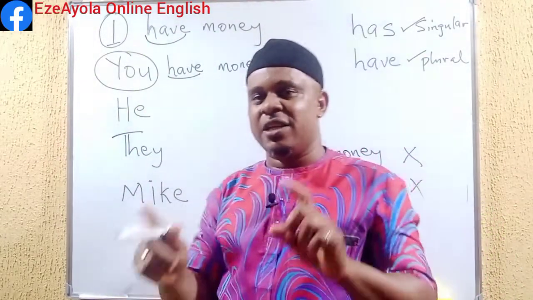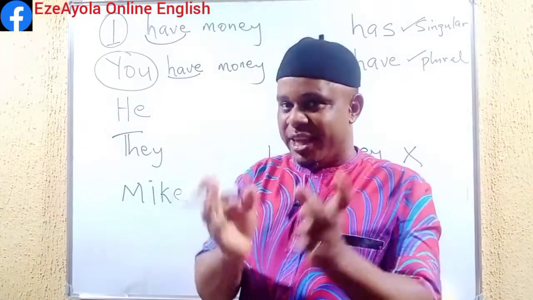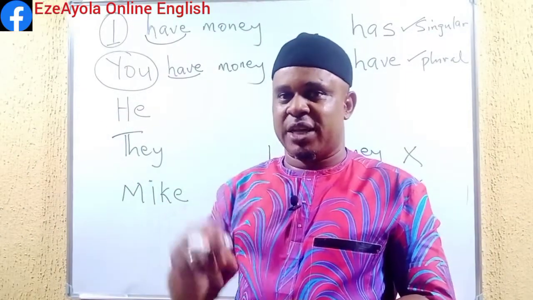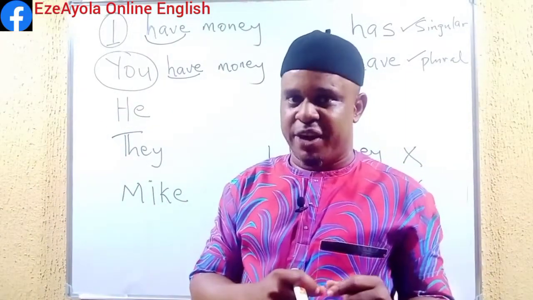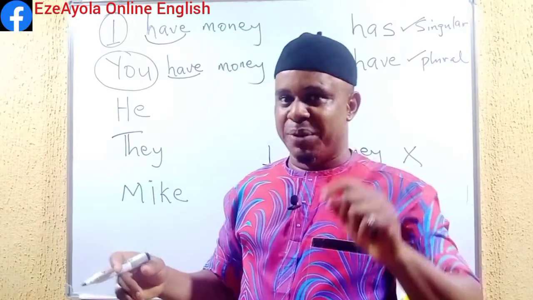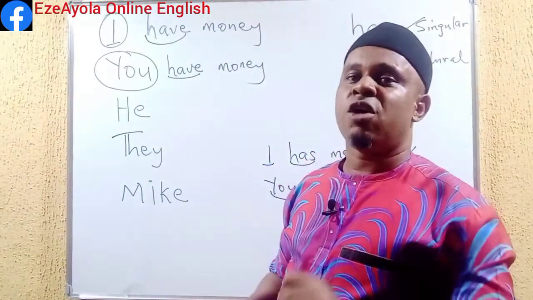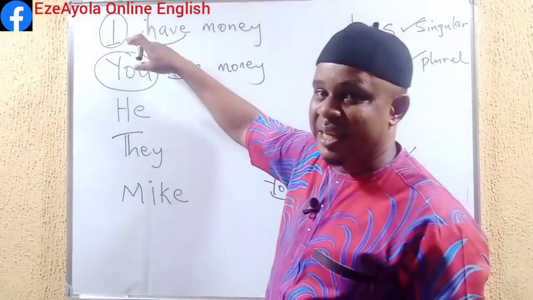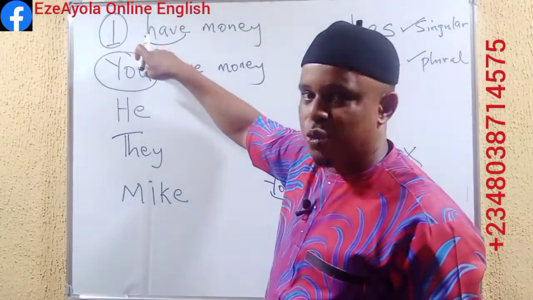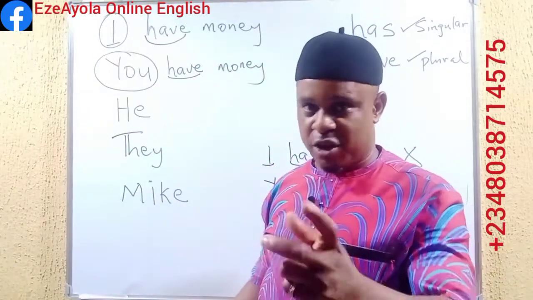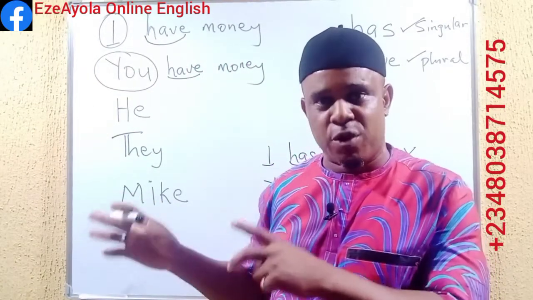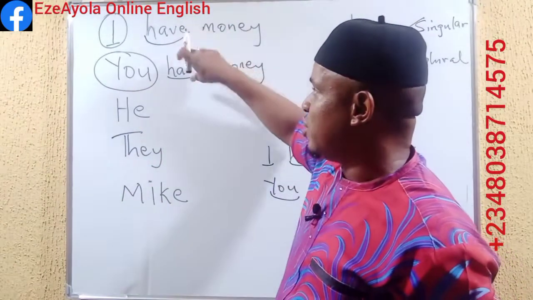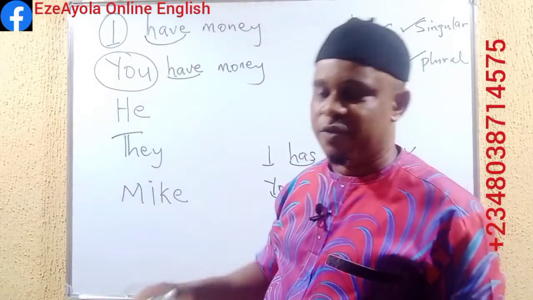When we say that the rule of concord states that singular subjects admit singular verbs, plural subjects admit plural verbs, there is always an exception. So what exception are we talking about? That is in the case of I and you. The I and you, of course, they are singular subject pronouns, but they must agree with plural verbs.